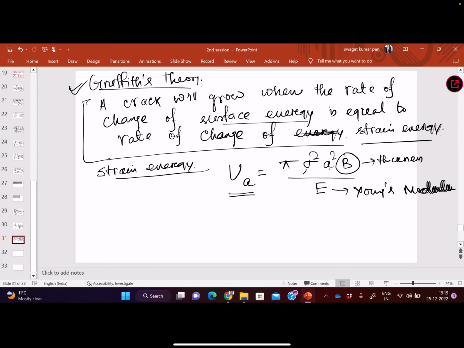If you assume unit thickness, then it is 1. So you can write it as pi sigma squared A squared by E.